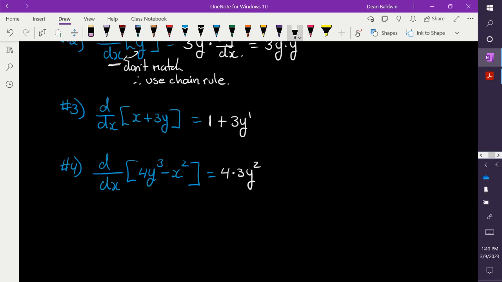Y prime. So that's the derivative of 4y cubed. Minus, what's the derivative of x squared with respect to x? 2x. Yep.